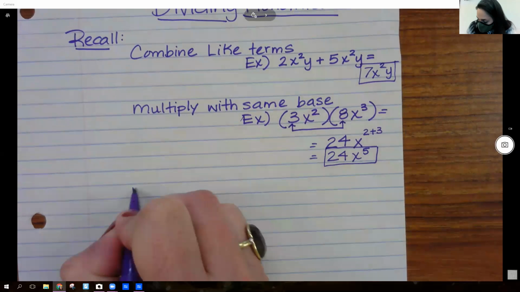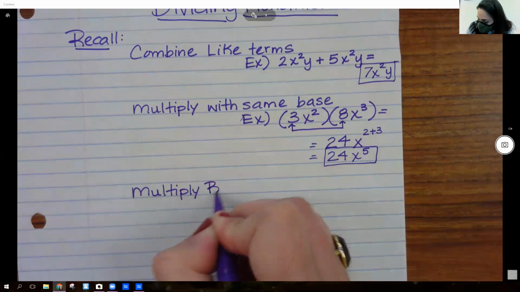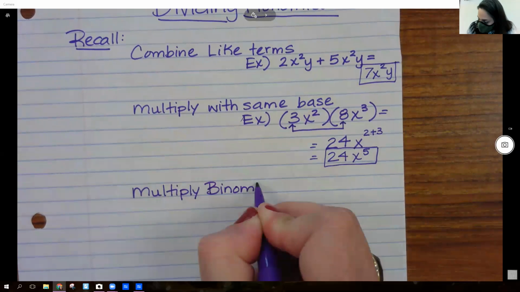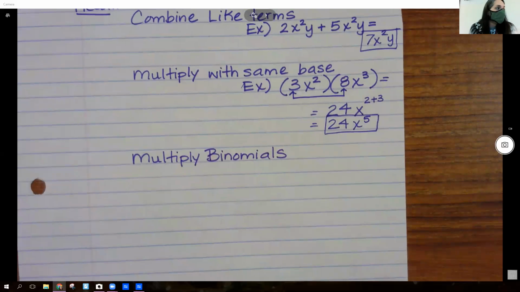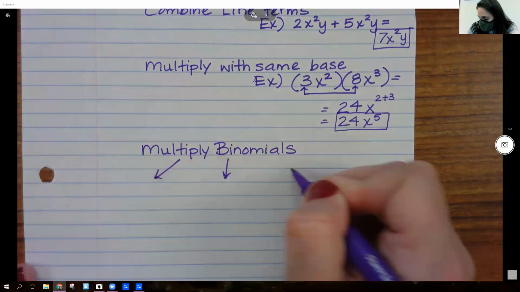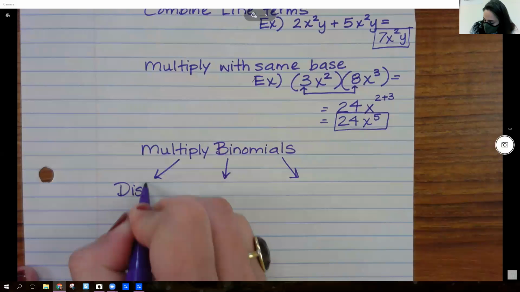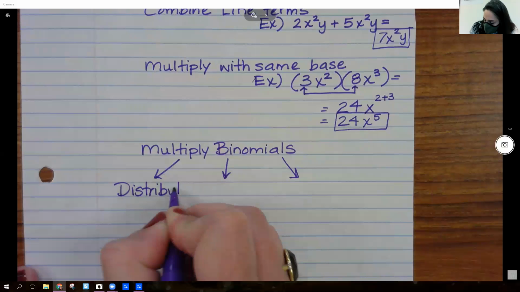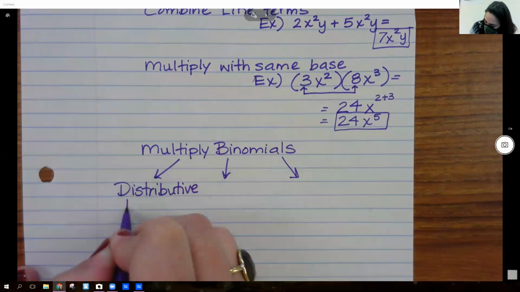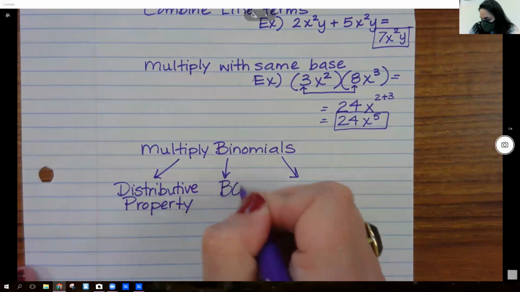Then we learned how to multiply binomials. And you actually know a bunch of different ways how to do this now. You know 3 different ways. The first way is the distributive property. The second way is the box method.